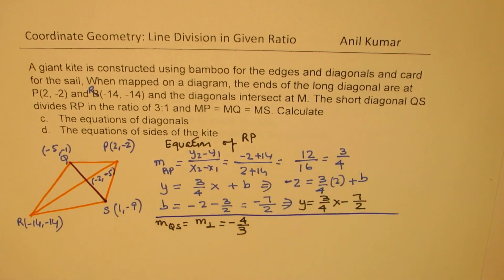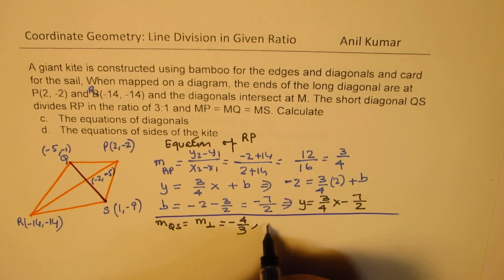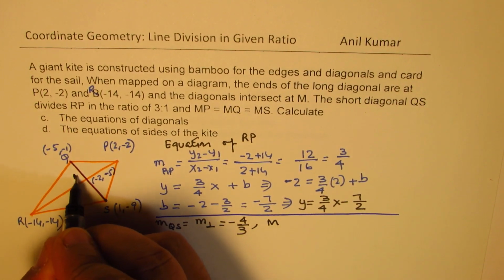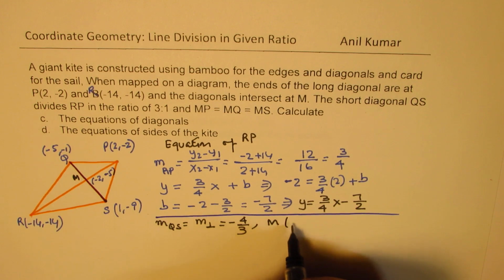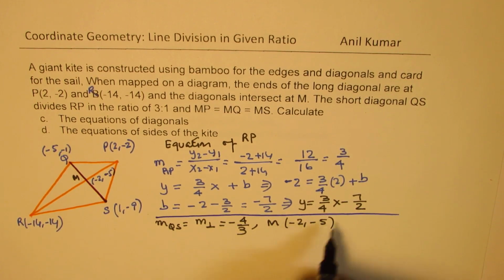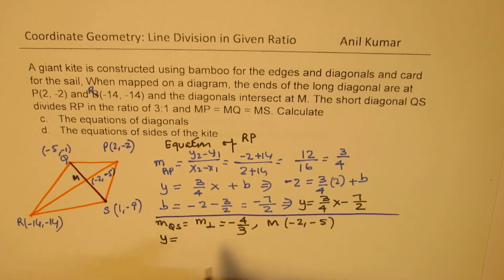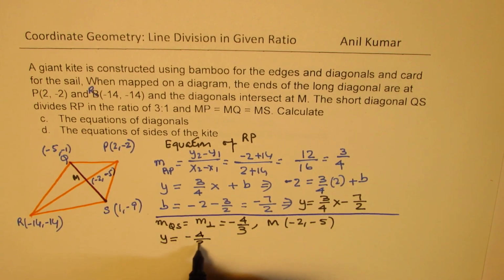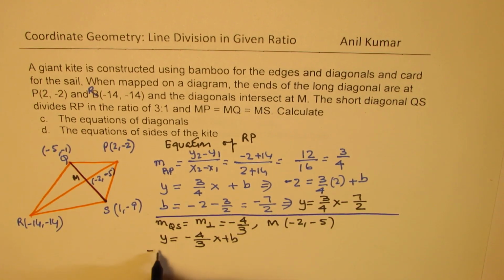So we'll take the negative reciprocal, and we have a point M on this, which is (-2, -5). We are going to use this point. So we know y is equal to minus 4 over 3 x plus b. Substituting this point here, we get -5 equals minus 4 over 3 times -2 plus b, correct?